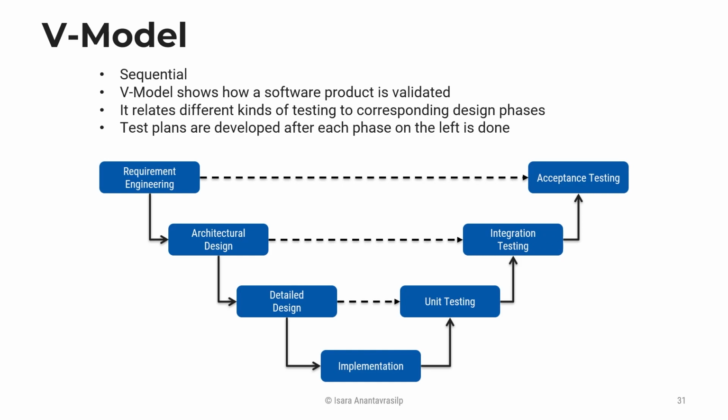The V model emphasizes the relationship between each of the design and development phases and the corresponding testing phase, making testing an integral part of the development process. It promotes early identification and resolution of issues or problems that might emerge, reducing the risk of late-stage defects.